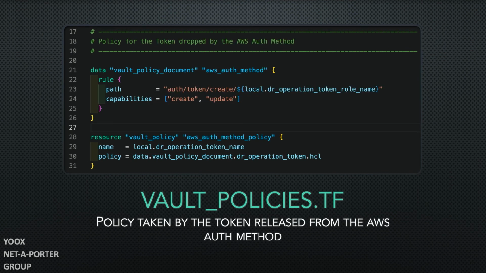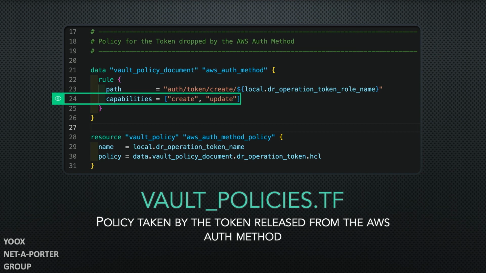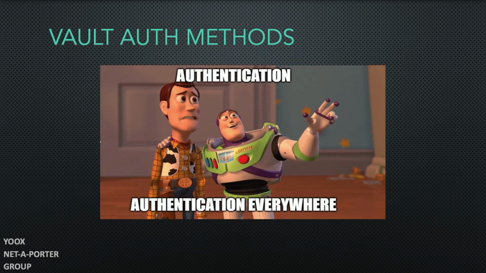So that's our token. Then we have the token that will be given by the auth Lambda when it authenticates to Vault, and this token will just need to be able to create the DR operation token. So this is the path that it needs, and as capabilities it will have update and create.